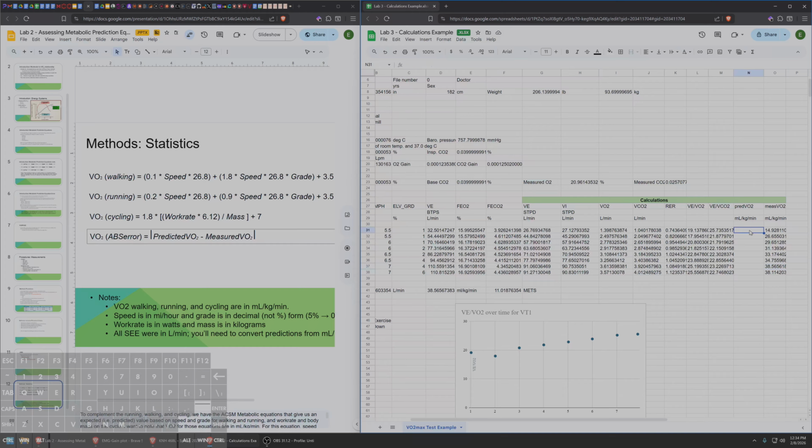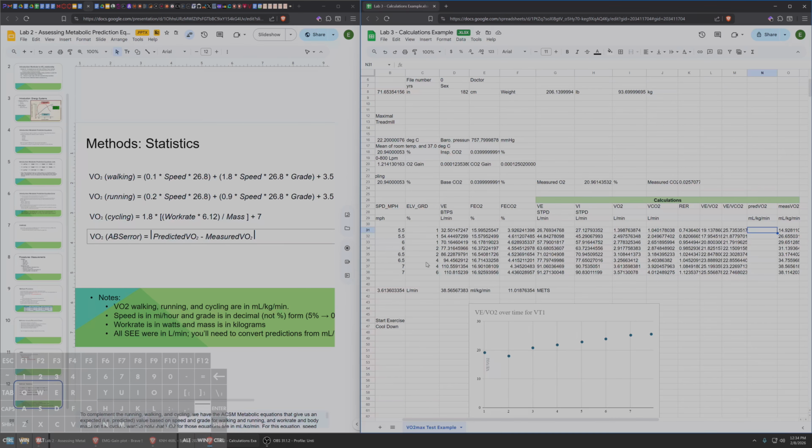So we're good. We're doing fine. Now comes the predicted VO2 part. This one's a little bit trickier because I'm going to show you how to enter these based on your data.